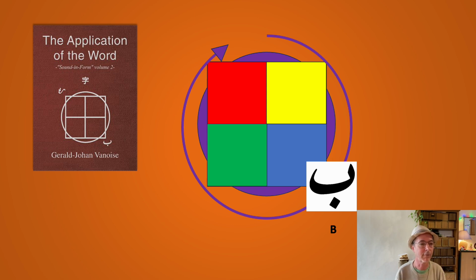You see there a couple of symbols on them, letters actually, and the letter that you see down there is the letter B of the Arabic world, and it is at the right place if you consider the 4 seasons here. I have here the natural colors that will fit with the seasons. Green for the spring, red for the summer, yellow for the harvest, and blue for winter. And the B is there in winter.